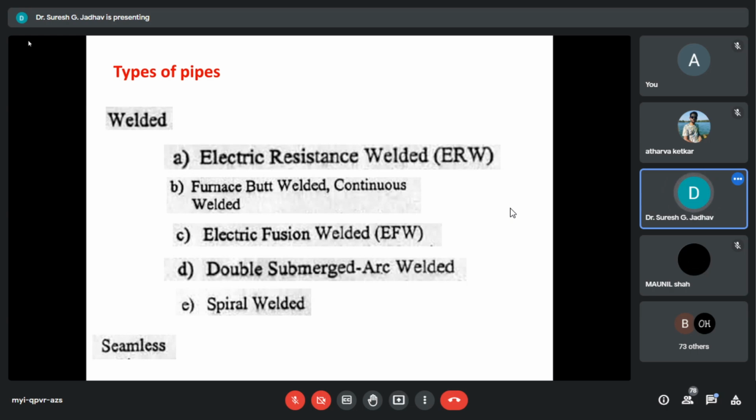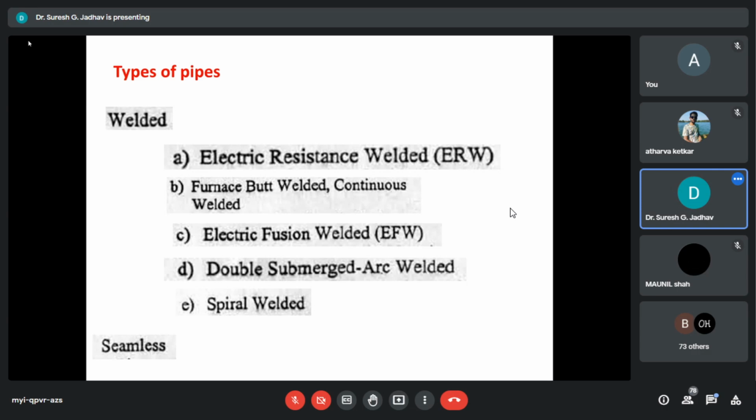In welded pipe manufacturing methods, the first one is electric resistance welded. You might have heard this name in manufacturing technology or in workshops. Electric resistance welded, we call ERW.